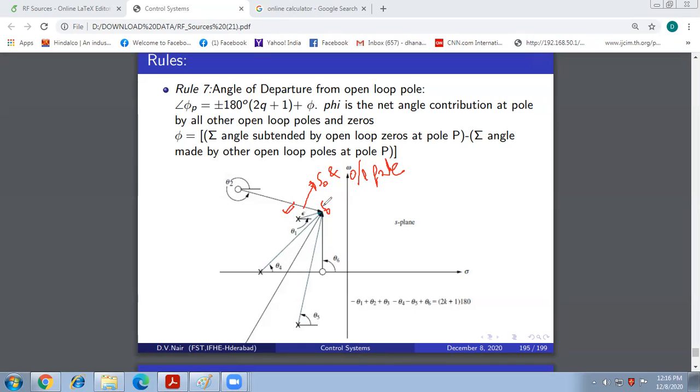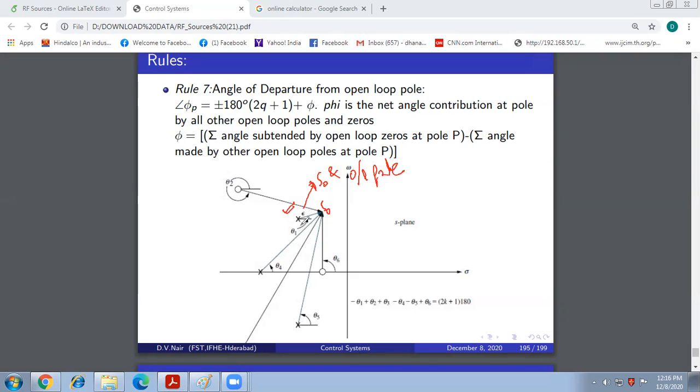And if S naught satisfies the angle criteria of root locus, then S naught will lie on the root locus, and the line joining the open loop pole to S naught will give us the angle of departure of the root locus branch at an open loop pole where a branch originates for k equal to 0.